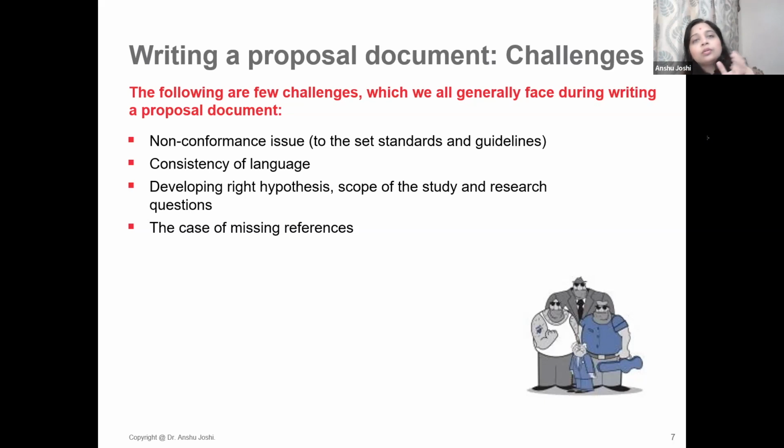So while writing the proposal, the researcher needs to keep certain guidelines in mind: whether to use UK English or US English, and what kind of sentences have been written in the research proposal, as in whether active voice has been used predominantly or passive voice.